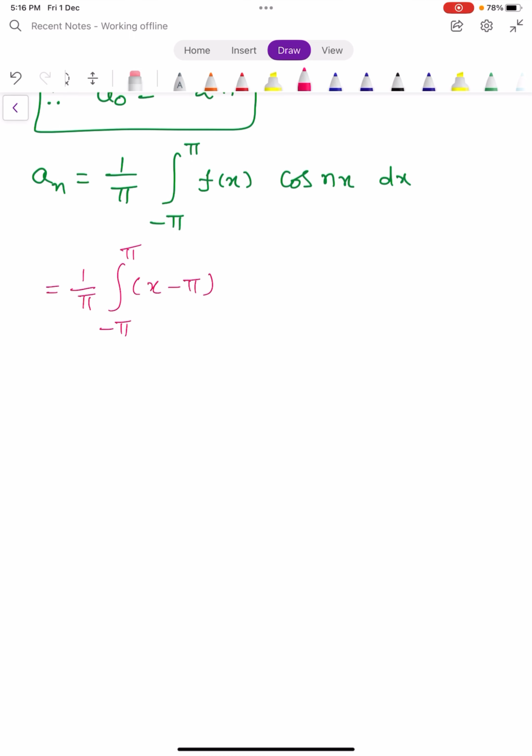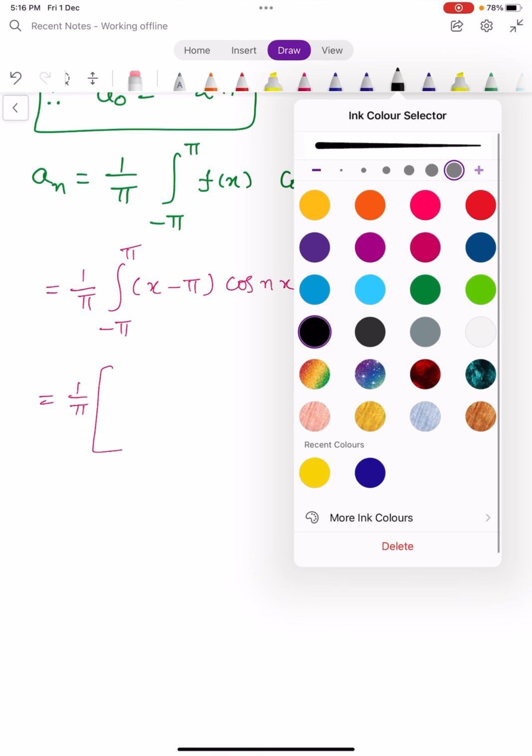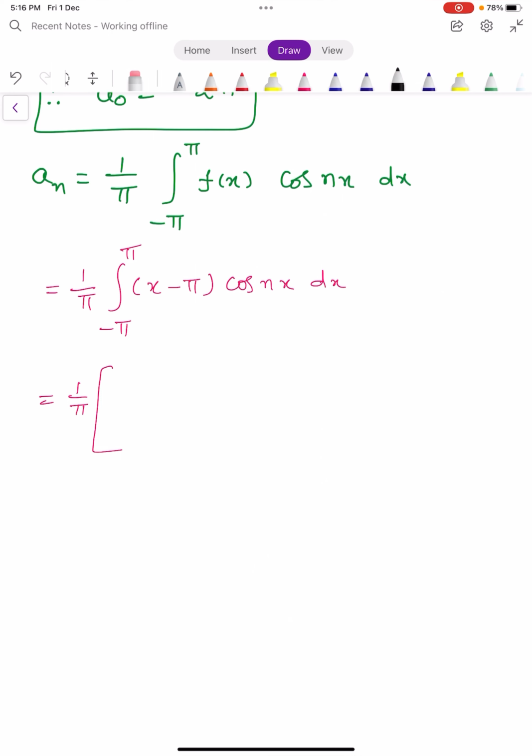So an equals 1 by pi integral from minus pi to pi of (x minus pi) cos nx dx. You split the integration: 1 by pi integral from minus pi to pi of x cos nx dx minus pi integral from minus pi to pi of cos nx dx.